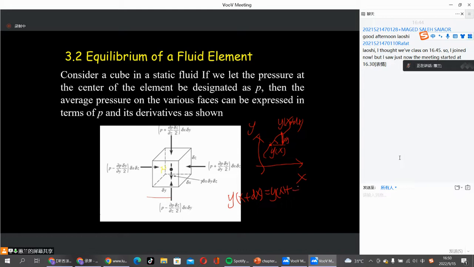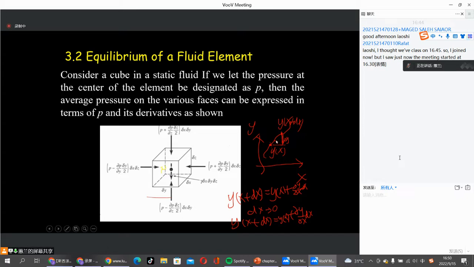We can find it's delta y over delta x. And so if dx goes to 0, we will have y(x plus dx) equal to y(x) plus dy/dx times dx, right? This is Taylor series expansion.